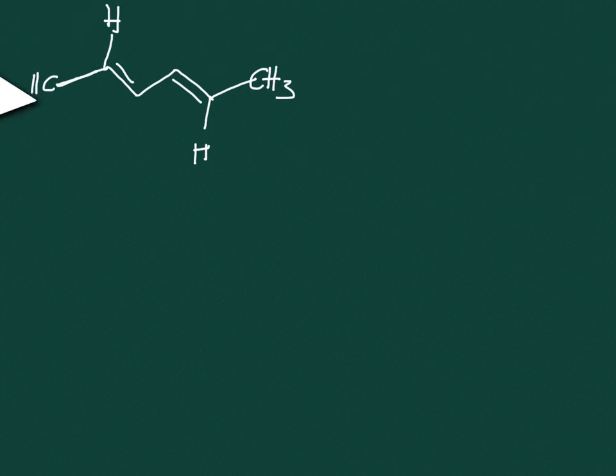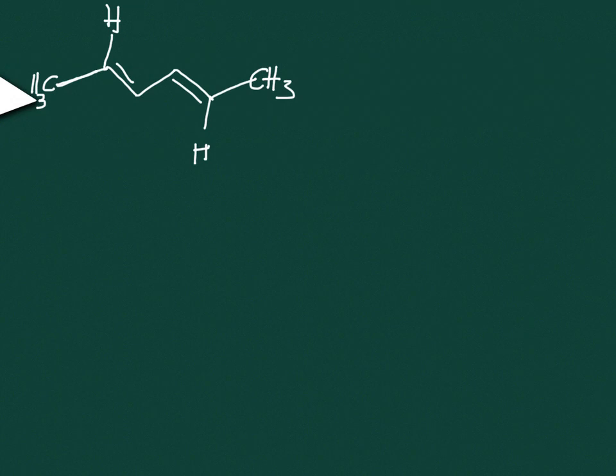The same is true for the stereochemical relationships on the diene. So for example, if we start with the following diene, there's our diene.